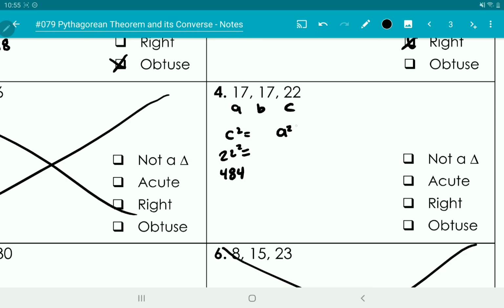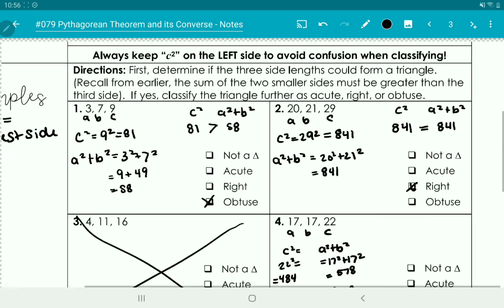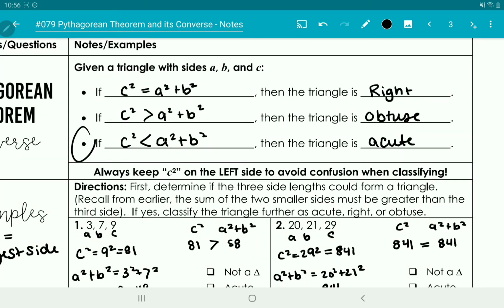And then a squared plus b squared is going to be equal to 17 squared plus 17 squared, which is going to give us 578. So you got 484 and 578. You can see that that one is going to be less than that one. So if c squared is less than a squared plus b squared, the triangle is acute.